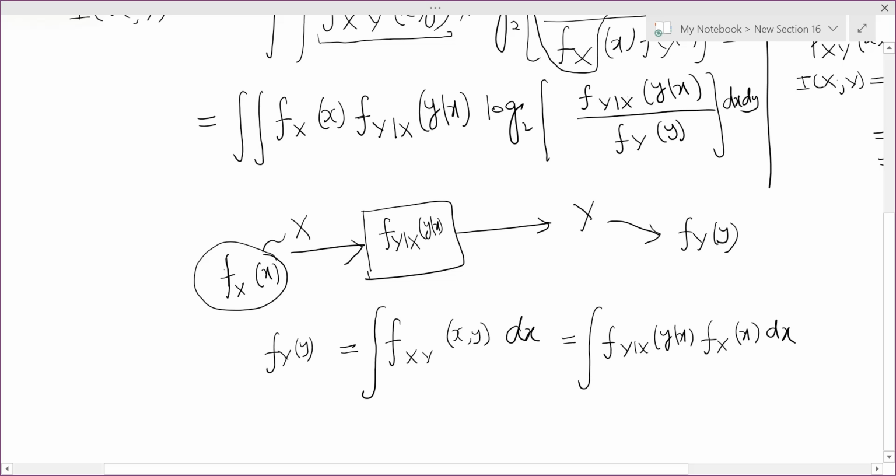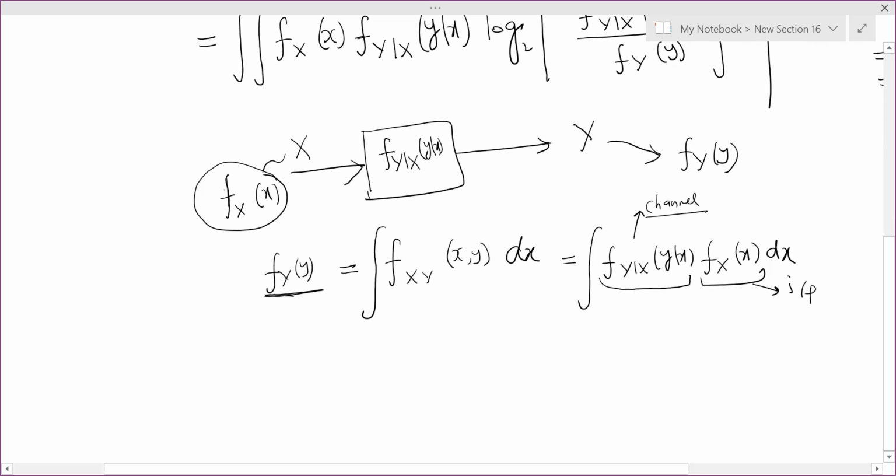Now you see a beautiful thing. We know the conditional distribution because this characterizes the channel. The channel is known to us. We know what the channel does with input. We also know this because it is the input distribution of input symbols. So now we can also compute fy using this.